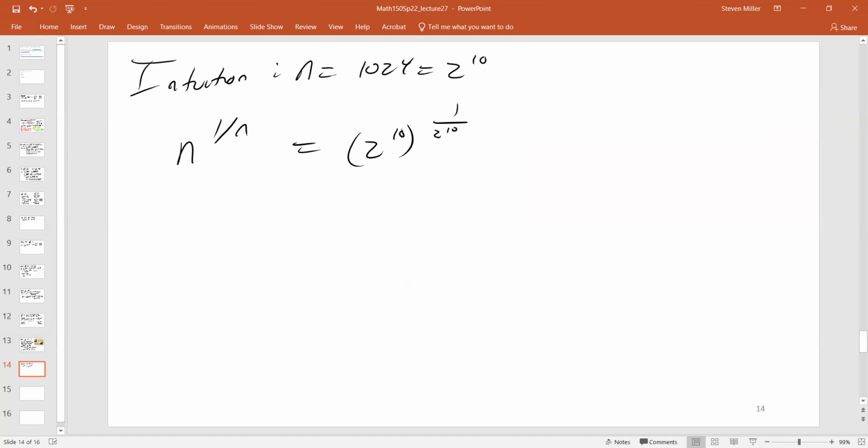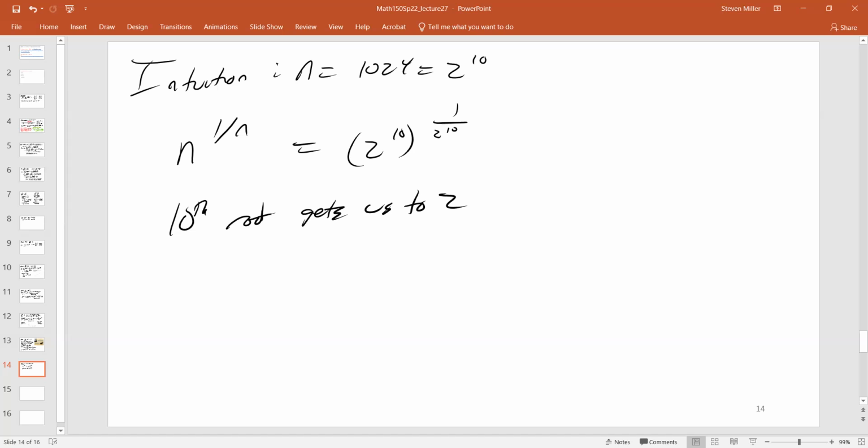And if you think about what's going on, if you take the 10th root, you're at 2. And how many roots are we taking? The 10th root gets us to 2. We're taking over 1,000 roots.